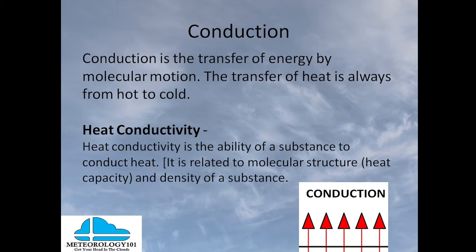Heat conductivity is the ability of a substance to conduct heat. If you have a metal pan you stick on the stove, heating that up, versus putting a board on the stove, you have a different heat conductivity of that substance. It is related to molecular structure, the heat capacity, and the density of the substance. So like a metal pan or wood, the more dense, the faster the molecules are going to bounce off each other, since they're closer together.